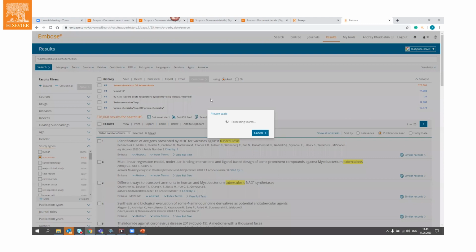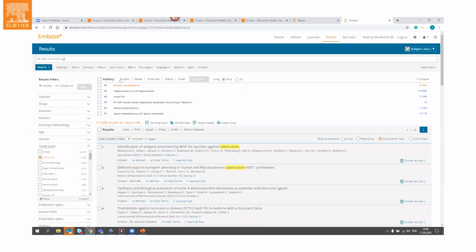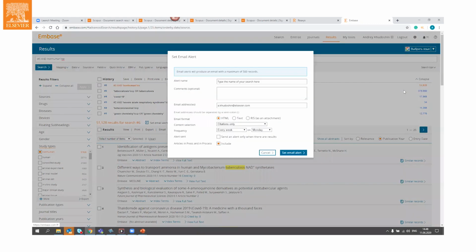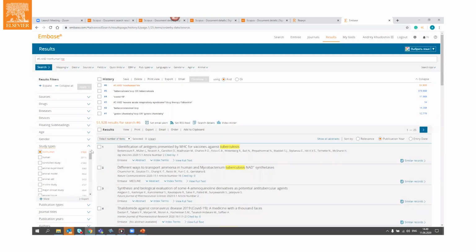And after this, you see how it works. It's search number 5 and additional filters are applied there. And right now you can create the email alert for this particular search. You can make a name for this alert, add some comments, select when you would like to get information, and it will be sent to you automatically.